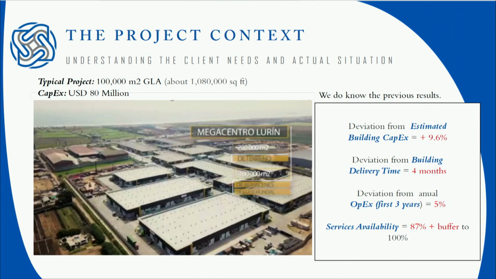So first of all, the context of the project. This is an industrial project, and it's like a renting project. This company used to buy and build to rent. So in the first phase of the project, they rented just warehouses.